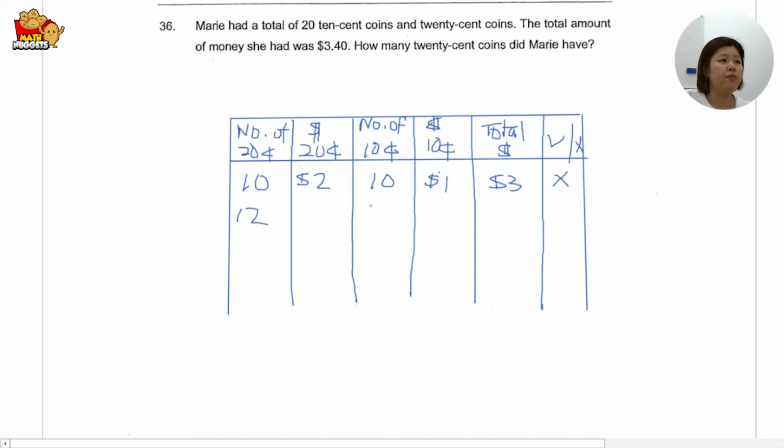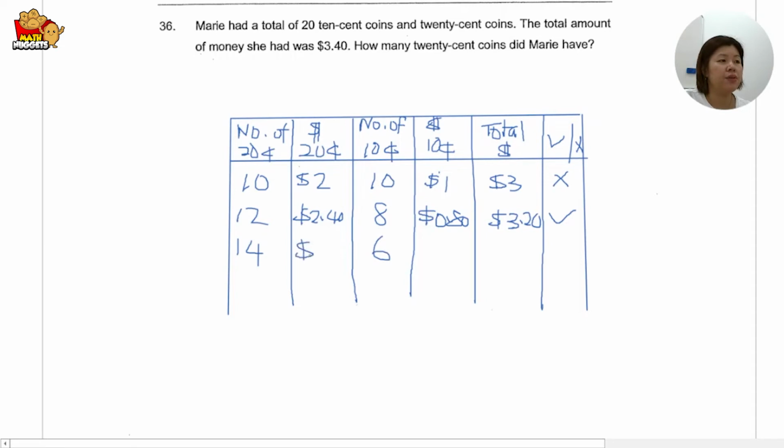So if it's 12, my 10 cents will become 8. So 12 times 20 cents is 240. 8 times 10 cents is 80 cents. And if you plus them together is $3.20. We are pretty near. So let's increase another 2 for our 20 cents and decrease another 2 for 10 cents.